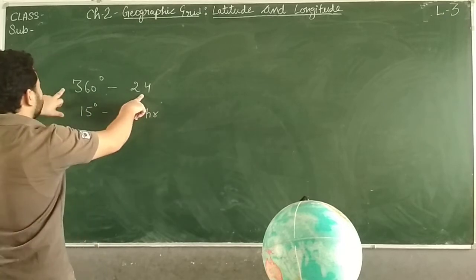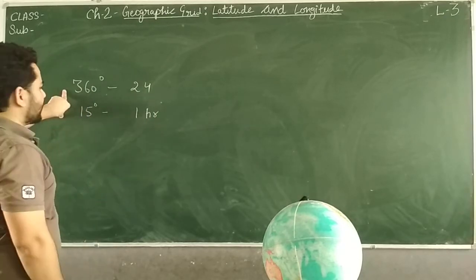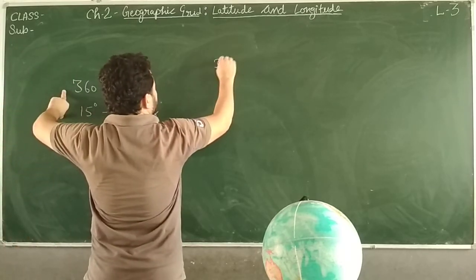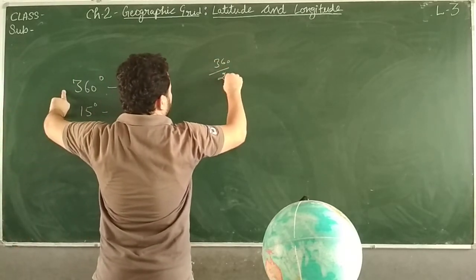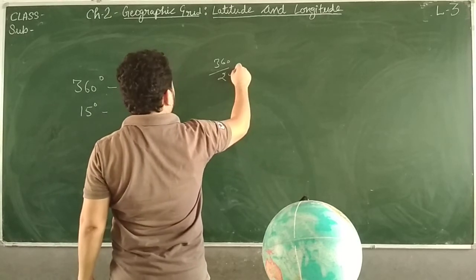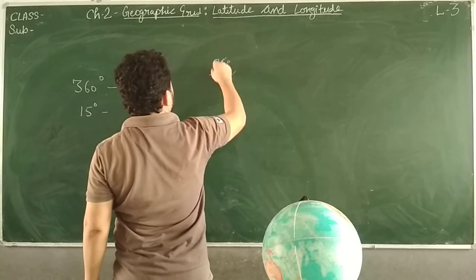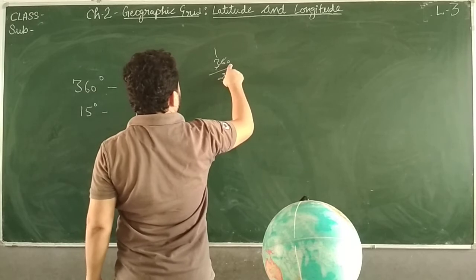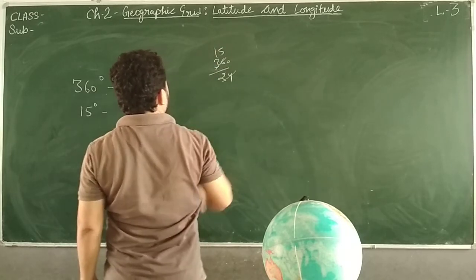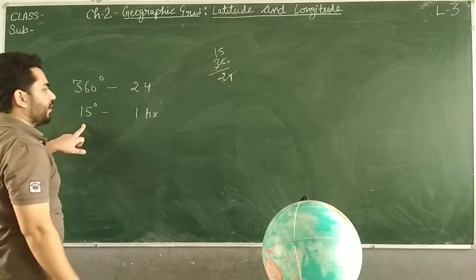So when you divide 360 by 24, how much will you get? You will get 15 degrees.